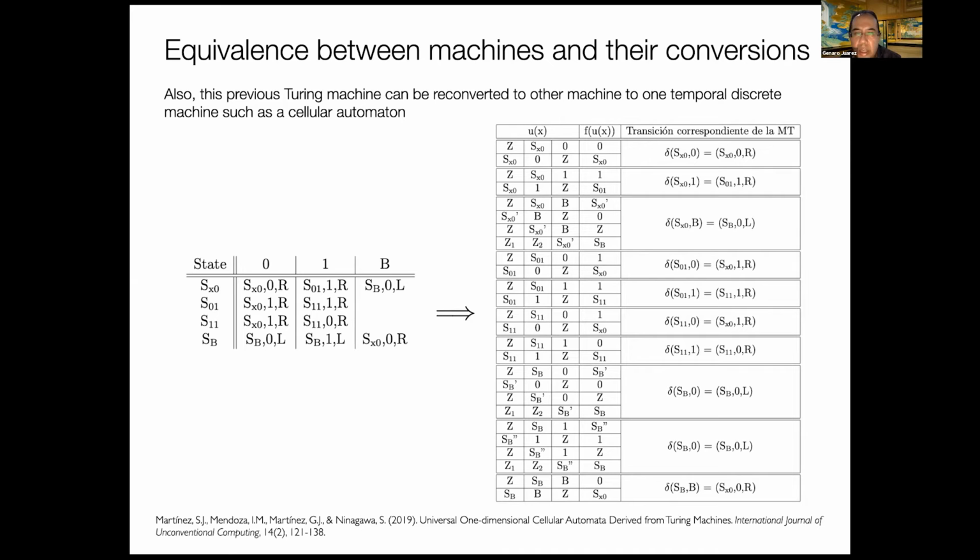But of course, they are equivalent to produce the same computational capacities. So the inverse case is similar, where you can take, for example, cellular automata and try to implement a Turing machine into the evolution space.